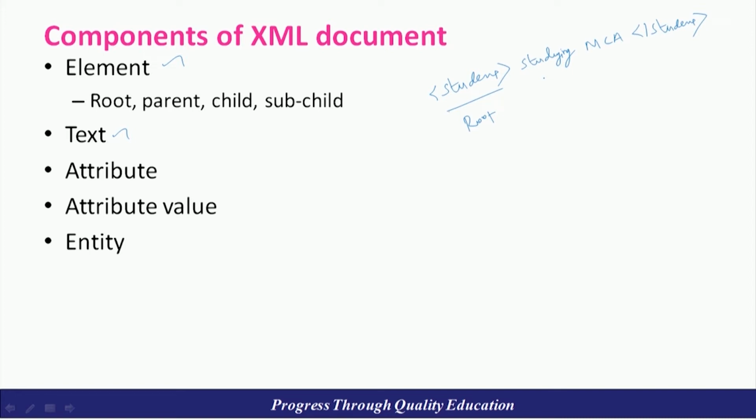I have only one element for my XML document, so it is root. And what is this? It's a text. Then there is no attribute, there is no subchild, there is no child, but this is also an XML document.